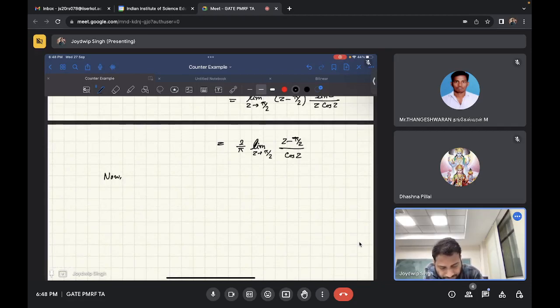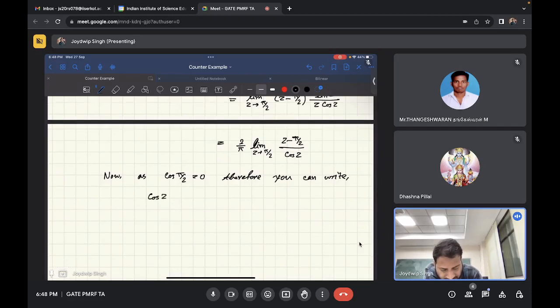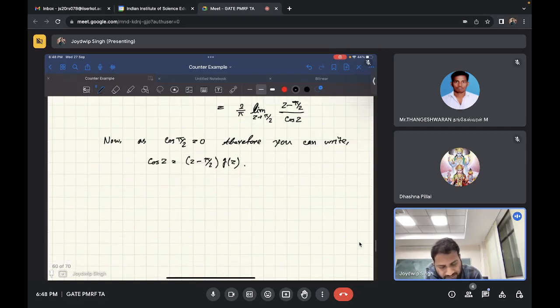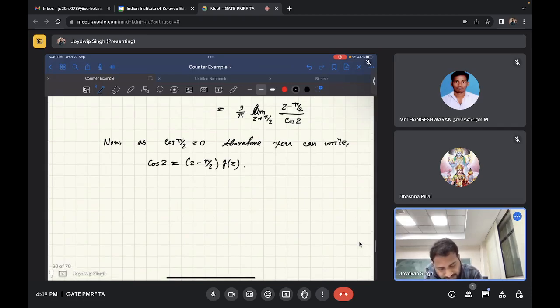So cos pi by 2 is 0, and as cos pi by 2 is 0, therefore you can write cos z as (z minus pi by 2) times some function g(z), right? Now what will be this g(z)? You have to find the value of g at the point pi by 2.